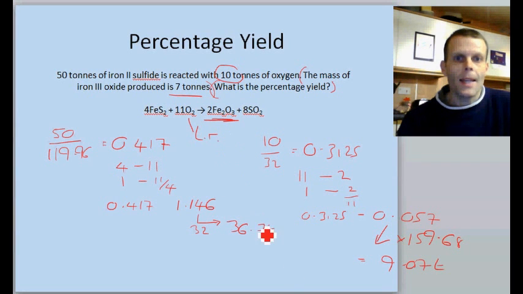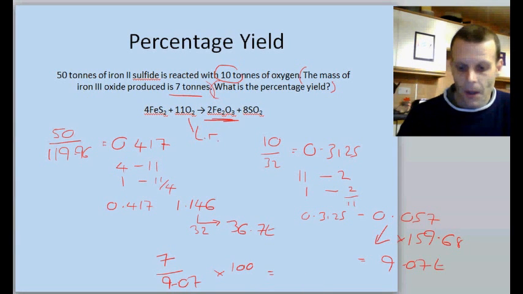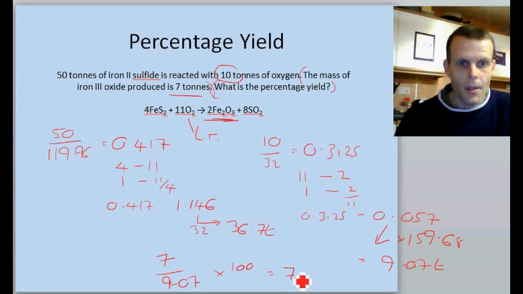Question tells me I'm actually making 7, so my percentage yield is the amount that I've made divided by the amount that I could have made, expressed as a percentage. So my percentage yield is 77%.